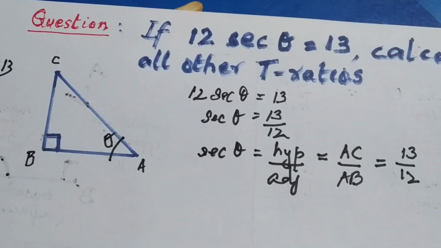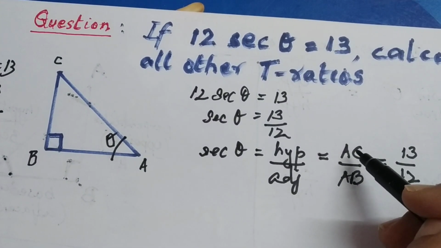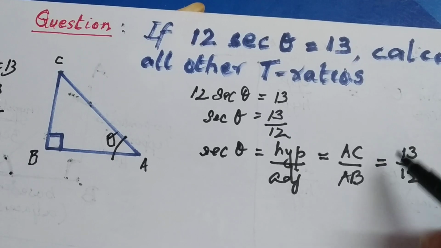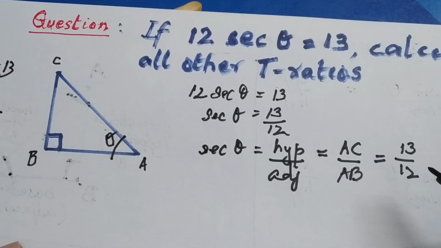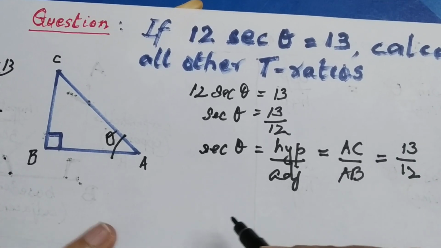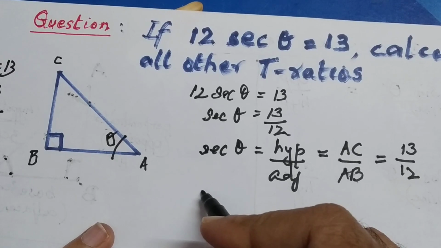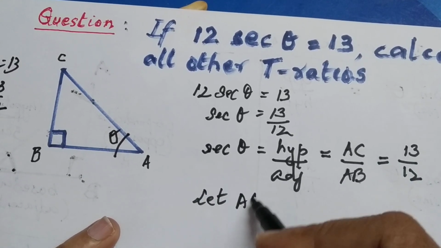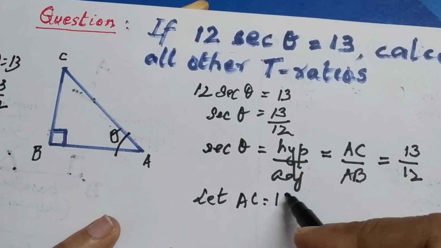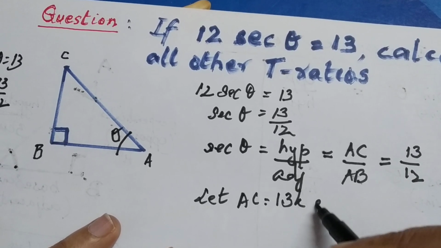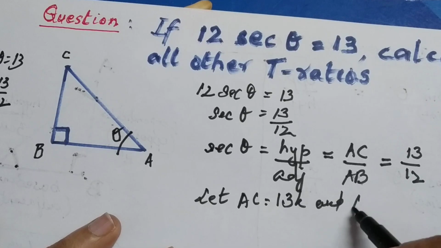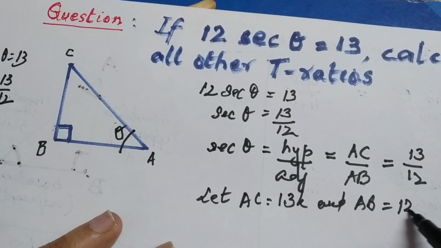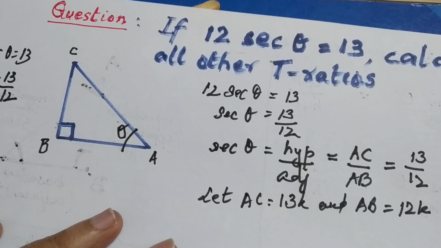Last time I did mention that you can't say that AC is equal to 13 and AB is equal to 12, because 13 by 12 is a ratio, it is not the actual fraction. So we need to write something like, let AC equals 13K and AB equals 12K.